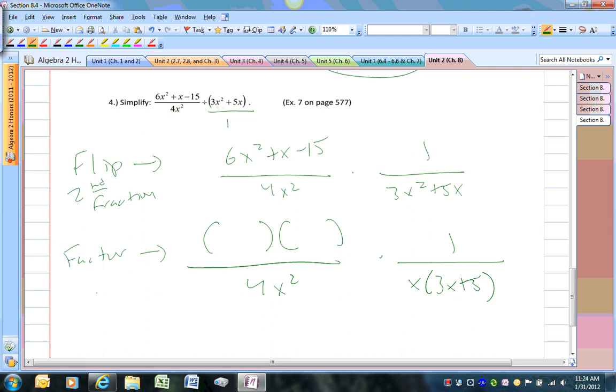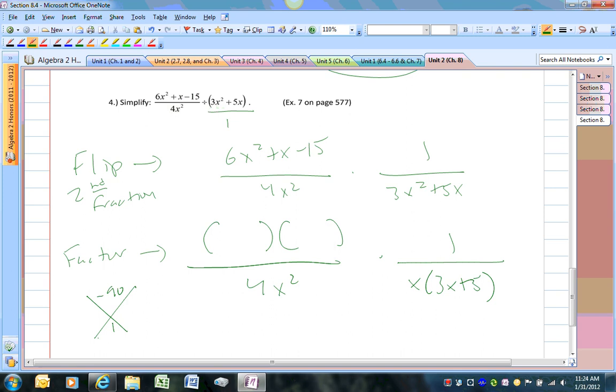Now, for the numerator of the first fraction, you could do the diamond if you want. But this is going to be a little bit different than all the other trinomials we factored, because the leading term has a coefficient that's not 1. So there's a few ways you could factor this, but if you think about it, the whole point of these problems is so you can simplify it, right?